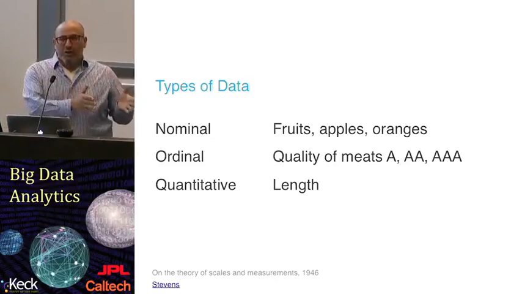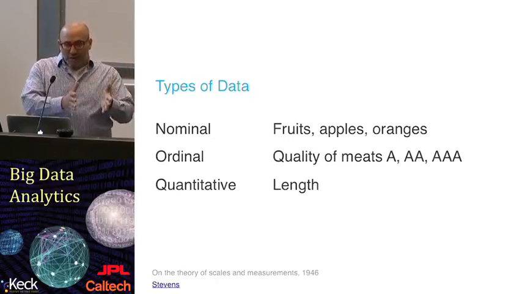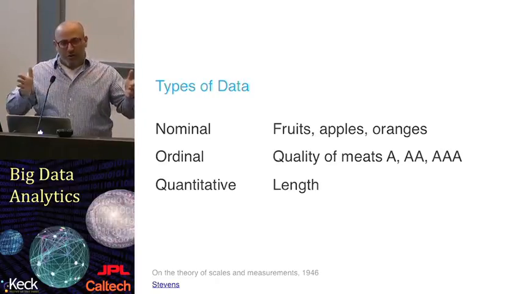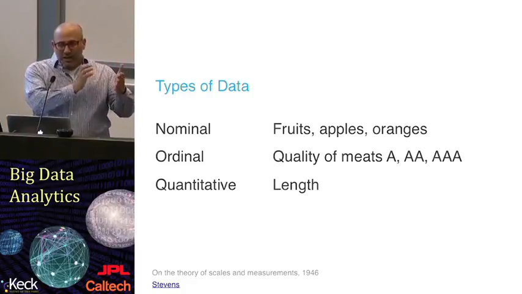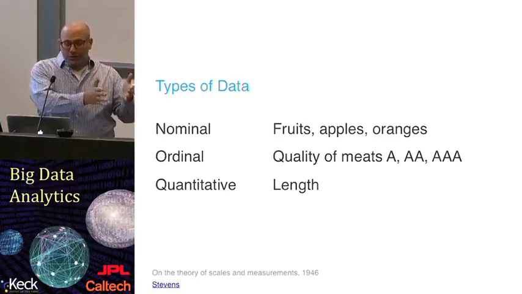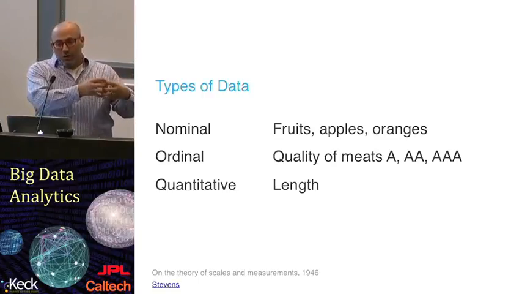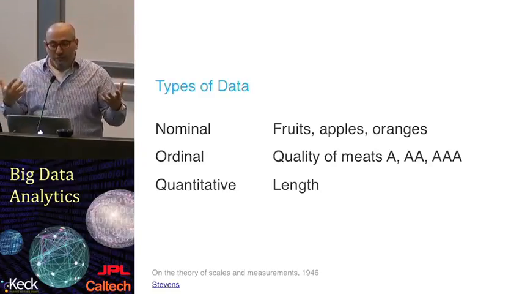So the example I put here is the quality of meat, where the example would be that you have A and AA and AAA. And what they mean is that they are relative to one another, but magnitude is not important. AA is probably not twice as good as A. And then lastly, quantitative, which is numerical and often continuous values, and something like a measure like length.